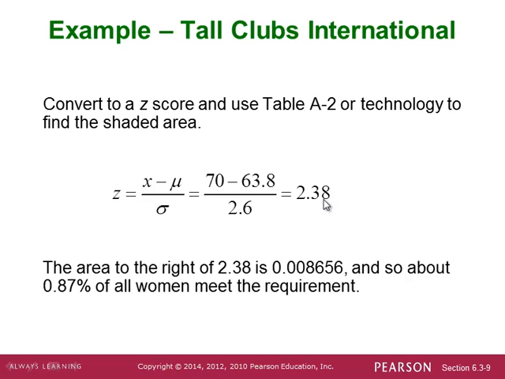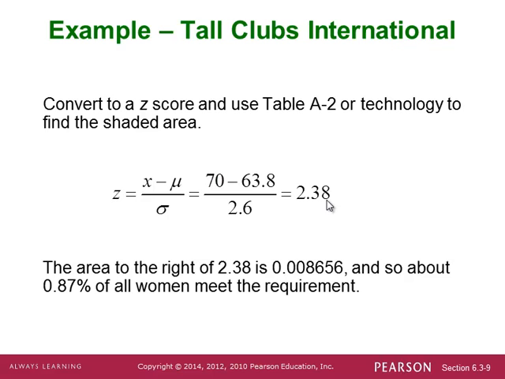As in, a woman who's 70 inches tall is 2.38 standard deviations above the mean. I'm going to say that again. A woman who's 70 inches tall is 2.38 standard deviations above the mean.